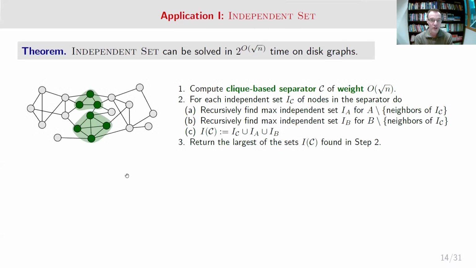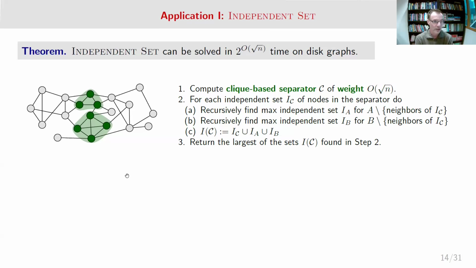So I do exactly the same thing. The only difference is that my separator is now a clique-based separator. And for the rest, I do exactly the same thing. I pick all possible independent sets in my separator. These are again independent sets of individual nodes.